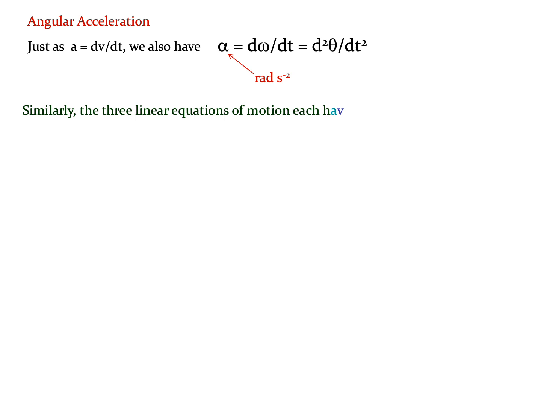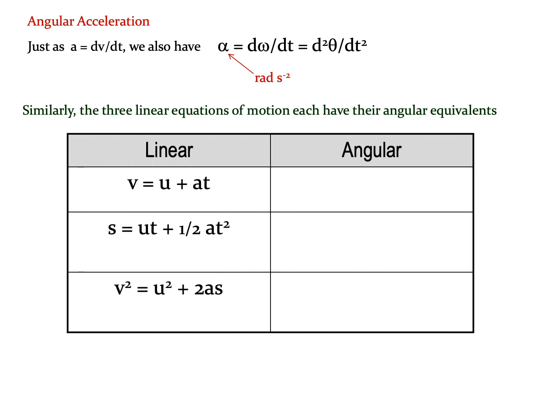So we can line up now in a table the three linear equations of motion and their angular equivalents. Here are the three main linear equations of motion, and their angular equivalents in each case are, well, for v equals u plus at, we have omega equals omega naught plus alpha t.